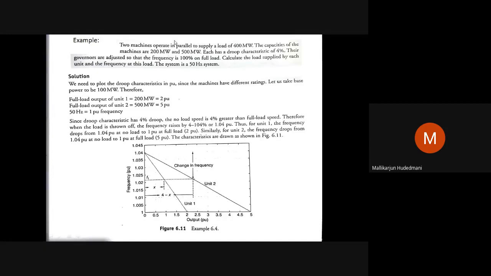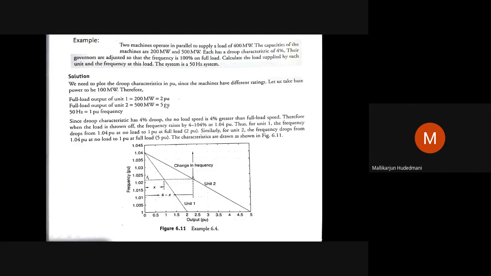For that, she has done 200 divided by 100, 500 divided by 100, considering 100 as the base power. So 2 and 5. Full load output 1 is 200 divided by 100, 2 PU; 500 divided by 100 is 5 PU; 50 divided by 50 is 1 PU. So the base of the system that the problem has taken is 100 megawatt and 50 Hertz.